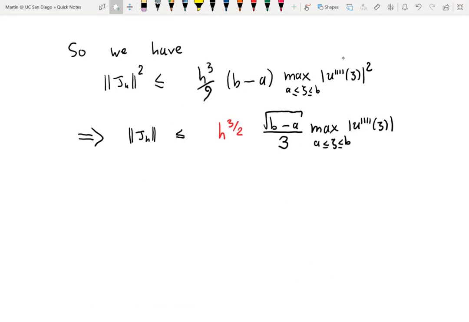So where did this bring us? The square of the Euclidean norm of the truncation error tau h is bounded from above by h cubed over 9 times b minus a times the maximum of the absolute value of the square of the fourth derivative of u over the interval from a to b.